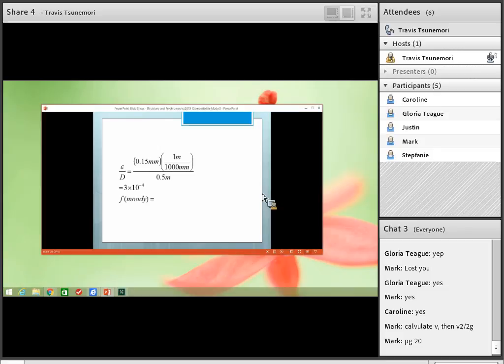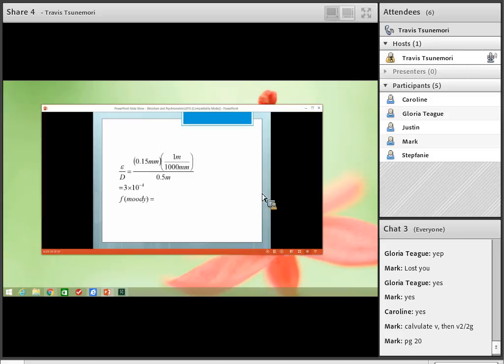I'm just checking to see if that one's in our table. So that's 0.15 millimeters. And then converting to meters, so that we have the same units on top and bottom so that it's dimensionless, we get 3 times 10 to the minus 4. Yes, galvanized iron, 0.15 millimeters is in table 2-2.